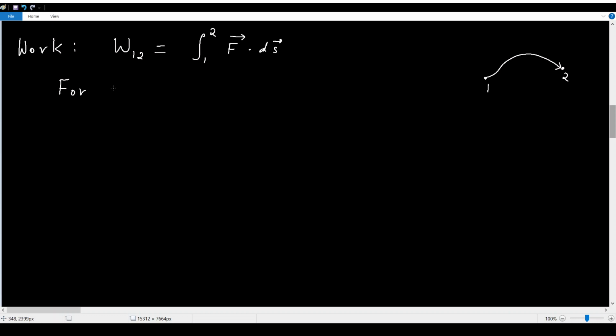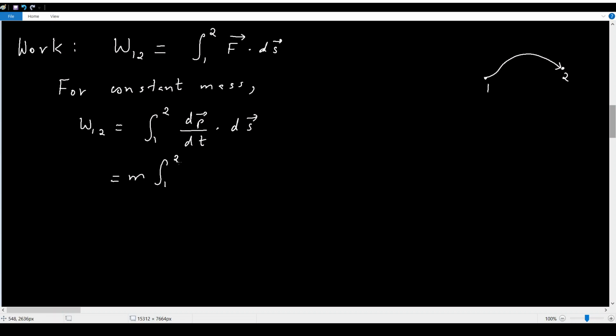So let's just say for constant mass, we can write the work in this way: F is of course dp/dt, right? But because we have constant mass, p is mv, mass just comes outside, and we have dv/dt here.